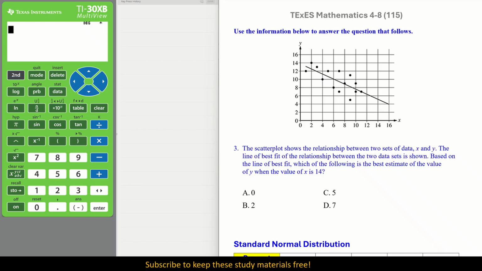Number 3, a scatter plot shows the relationship between two sets of data, X and Y. The line of best fit of the relationship between the two data sets is shown. Based on the line of best fit, which of the following is the best estimate of the value of Y when the value of X is 14?